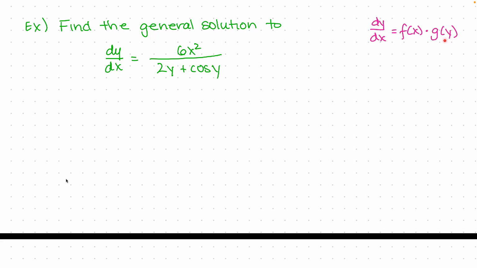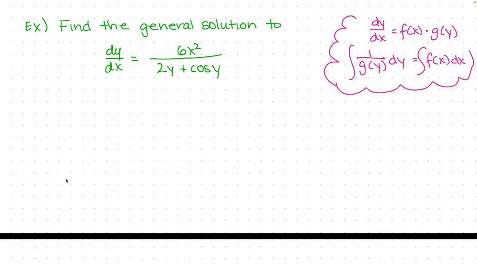I know that may seem silly, but sometimes it's not obvious, everything's jumbled and it becomes harder. So get your derivative by itself, and on the other side, separate the x's and y's. Then the idea is we'll put the g of y on the left with the dy, and the f of x on the right with the dx, and then you can integrate and go from there. That's the idea behind it.